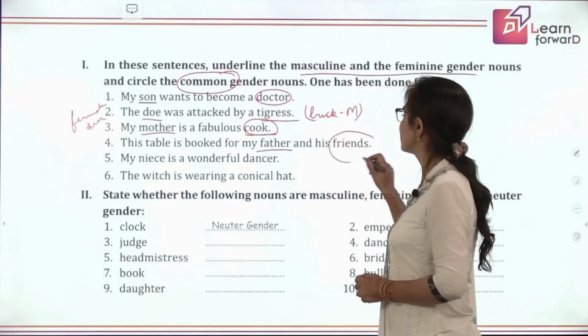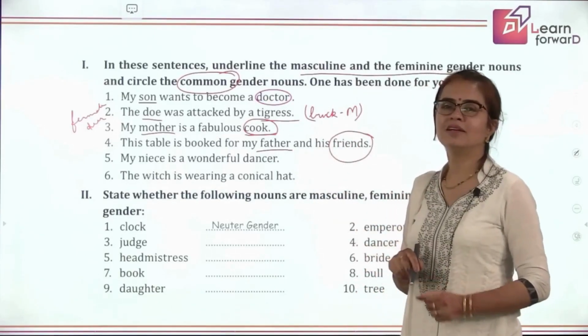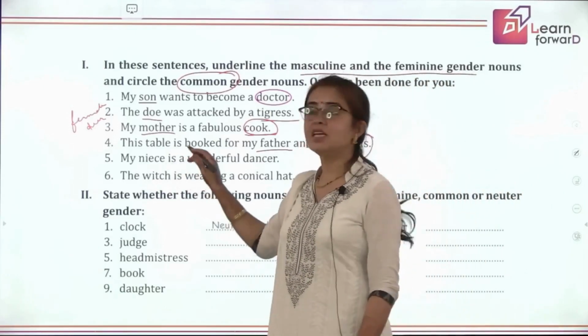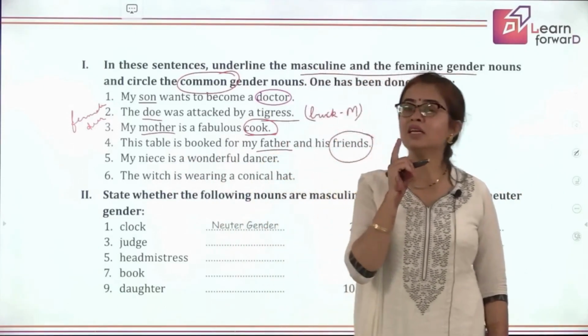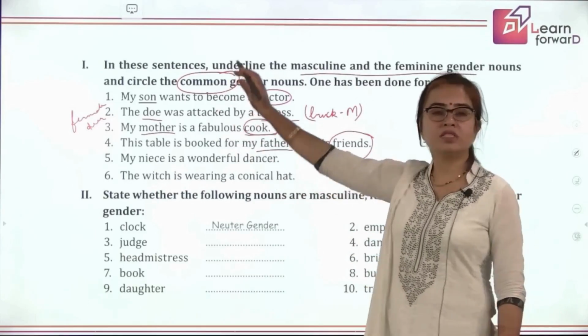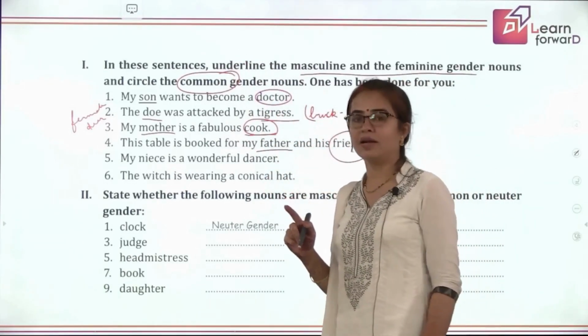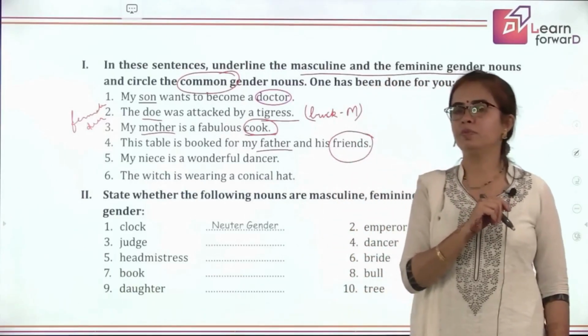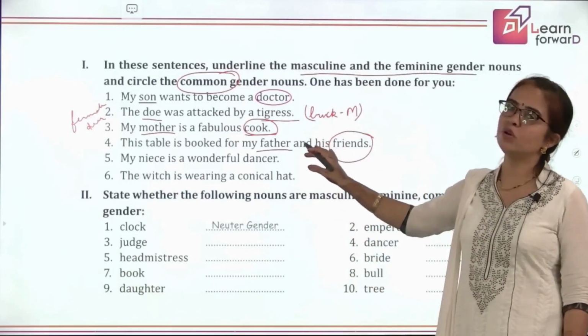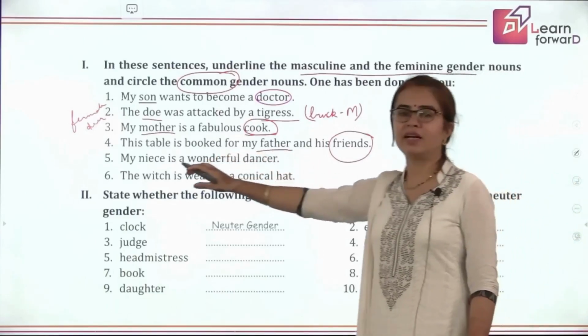Table is a noun, but that is neuter gender. And what is the question about? It's only about masculine and feminine gender to underline and common gender to be encircled. We are not talking about neuter gender here, so we'll leave it untouched, right?